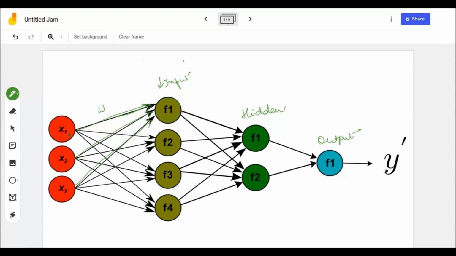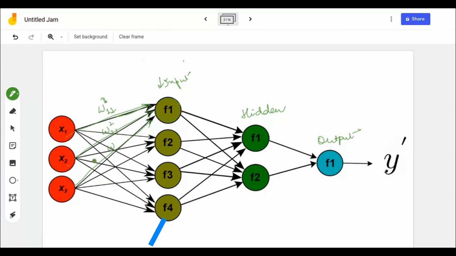Here, since this is the first input, we have W1, and this is going into the first node, so W1,1. And since this is the first layer, a superscript of 1. Again, W, the second input going into the first node, W2,1, and the first layer, so superscript 1.